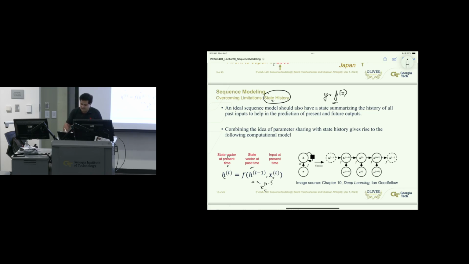Again, it'll be easier if you try to differentiate it from all the vision applications by thinking of it as instead of y equals f of x, it's basically y of t is equal to something like f of y of t minus 1 comma x of t. Of course, by putting in h, we are actually saying that it could be something that exists within a latent representation within the neural network.